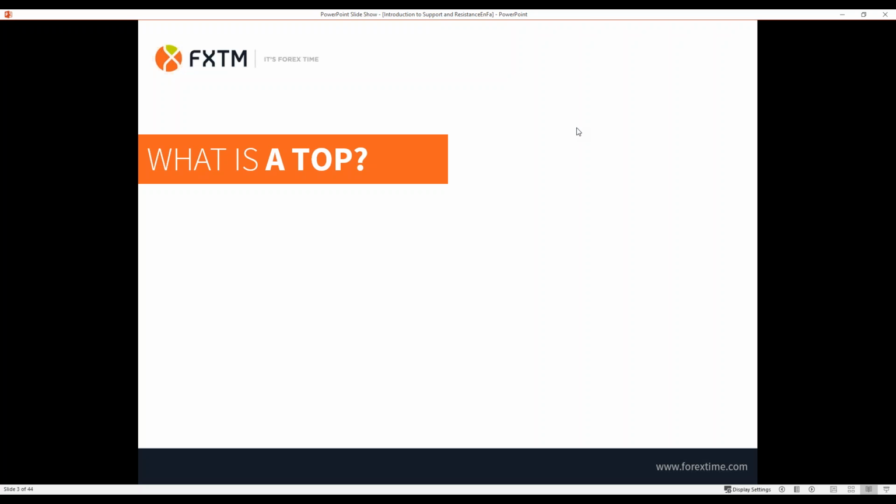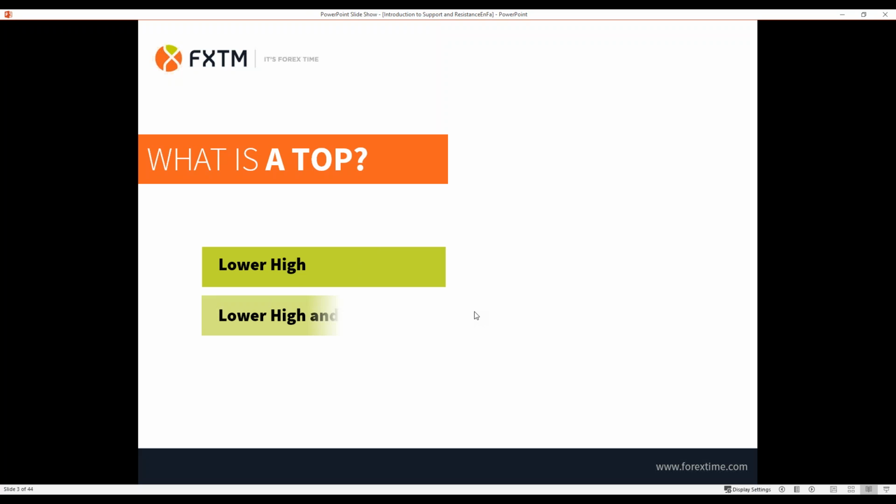Okay, so what is a top? This is the question. What is a top? So I will give you a lot of definitions here, and then I will explain each and every definition with an image. So a top is a lower high. It's a lower high and a lower low.